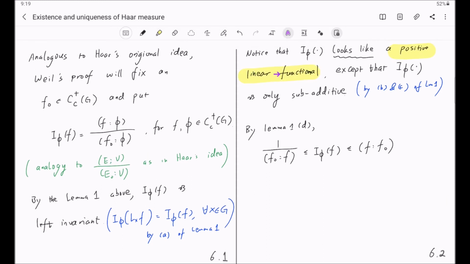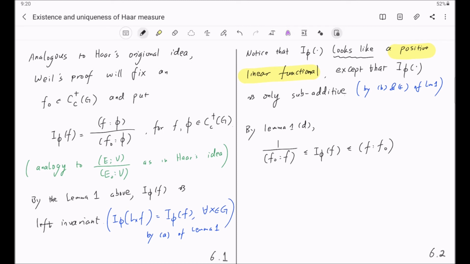Why is a positive linear functional so important and so good? Do you remember? Here we care about positive linear functional because a positive linear functional will provide us with a Radon measure by the Riesz Representation theorem from real analysis.